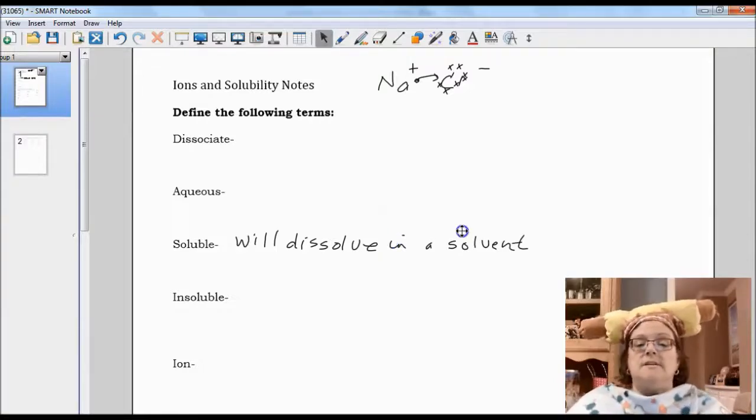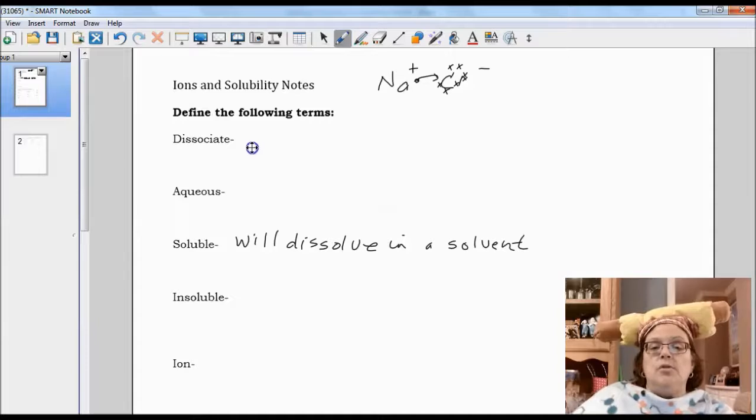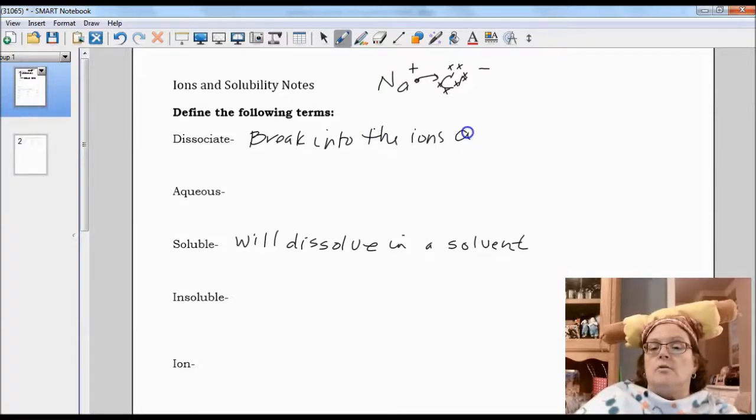What happens if it's an ionic substance? When you put that into the water, it will dissociate, which means it will break into the ions, and the water particles will surround it.